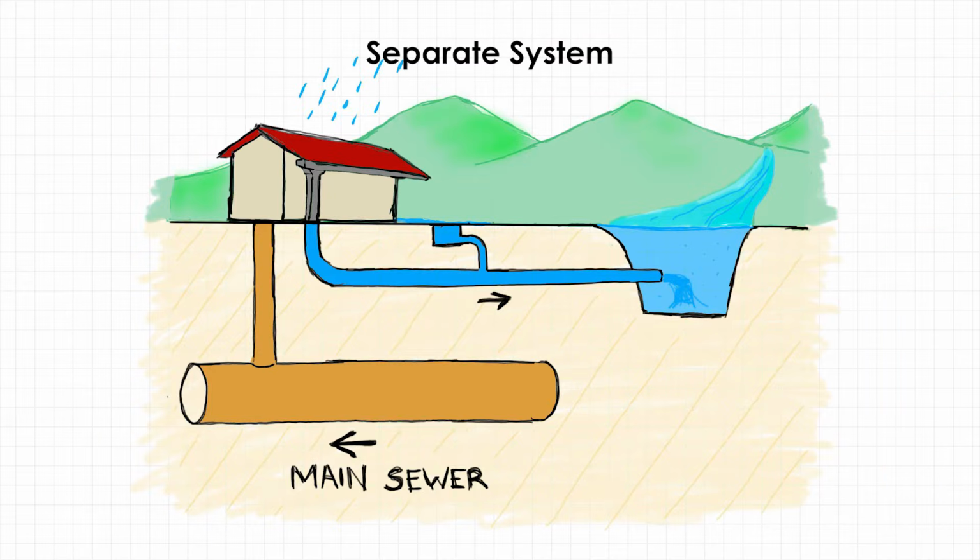Now the separate system is when we separate the storm water or rainwater from everything else, and that's crucial in some areas or some countries, especially if it rains a lot. We have to separate the rainwater so that it doesn't cause flooding of those pipelines.